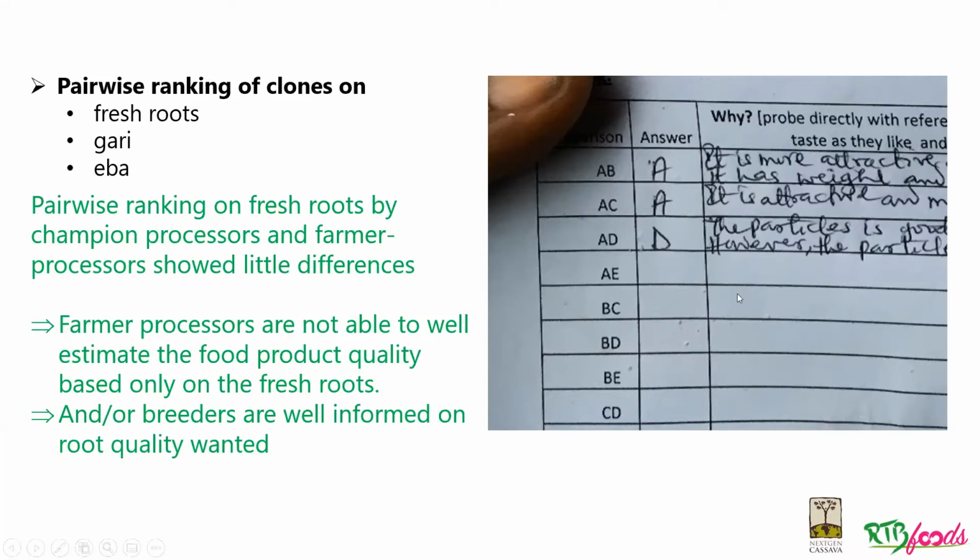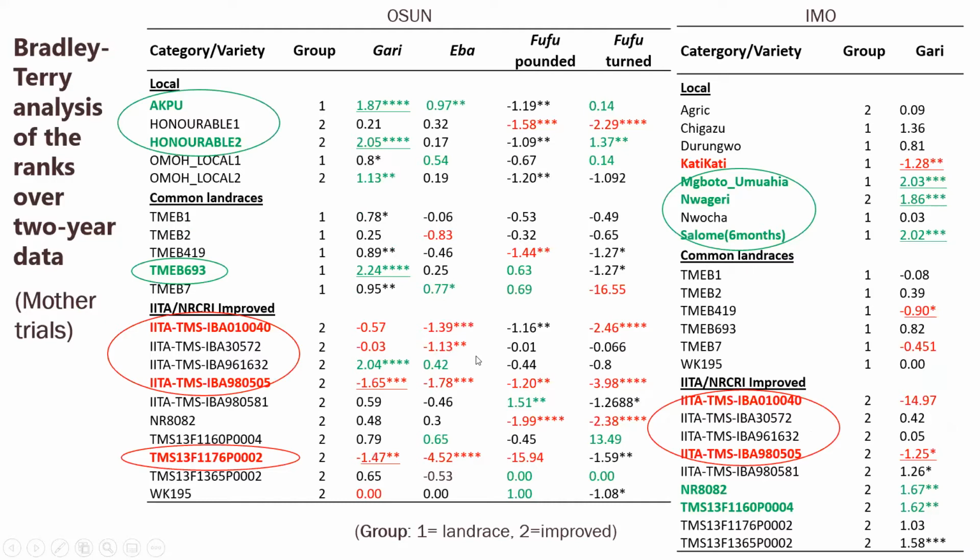Here you see what we did: you compare all the combinations and then you ask why. If you combine all that information, you can see which varieties did best in each state. The higher numbers are better evaluated, and the highest 5 are put in green, and the worst ones are put in red.